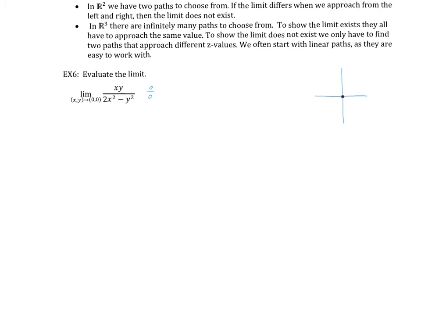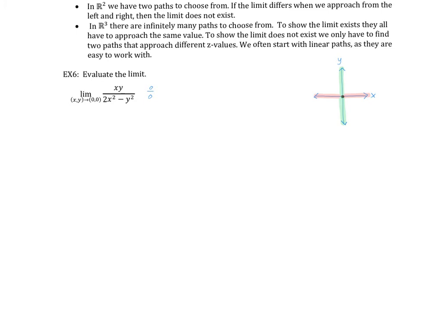Well, one thing I can do is take this point 0, 0 and approach it with a horizontal path. I can also approach this point with a vertical path. So right now I'm looking at this region where I'm approaching my x and y values in the x-y plane, and I'm approaching 0, 0.